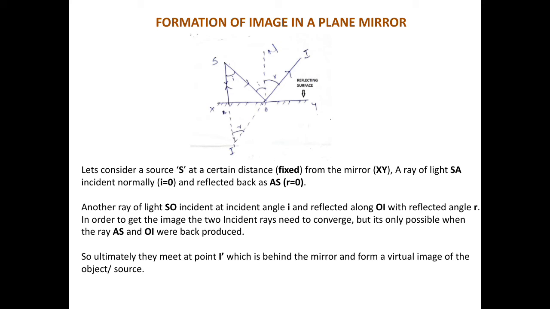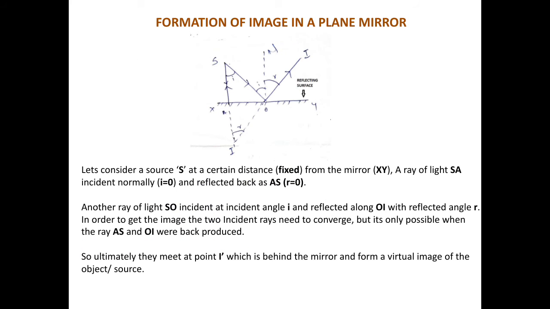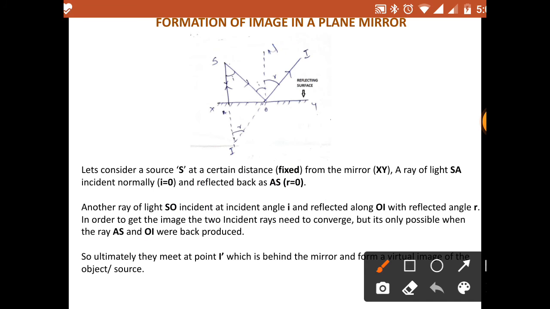In between the two triangles, AO is common. The angle ASO equals the angle AI'O, we got it previously. And the angle SAO equals the angle I'AO equals 90 degrees.